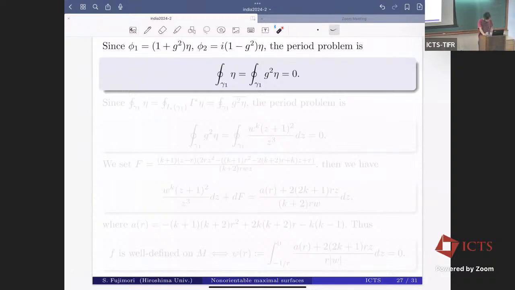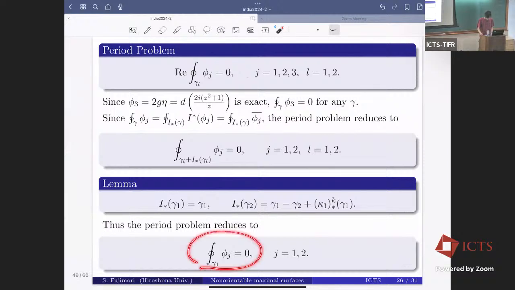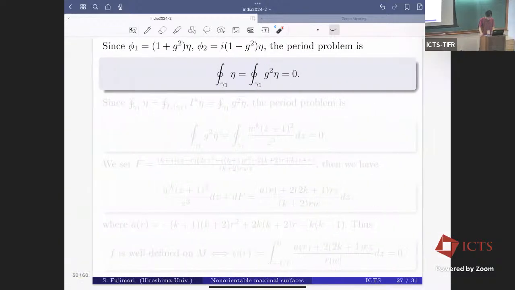And now, phi 1 is 1 plus g squared times eta, and phi 2 is equal to i times 1 minus g squared times eta. So we have this, we want these equations. And here we have plus and minus. So the period problem is now this. So the integration of eta around gamma 1 and the integration of g squared eta around gamma 1 equal to 0.